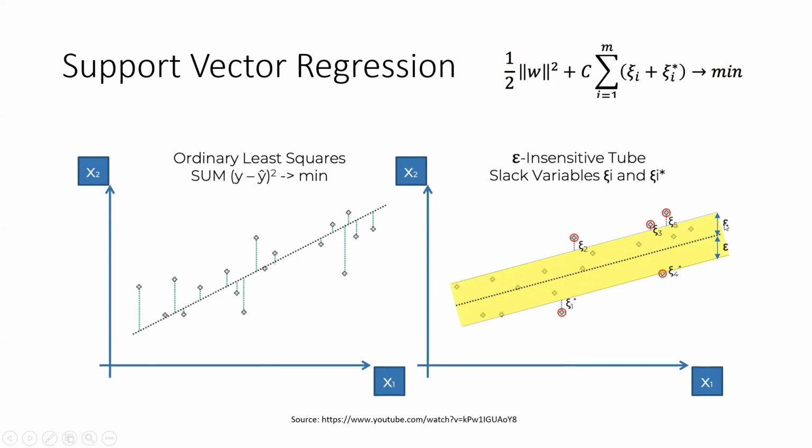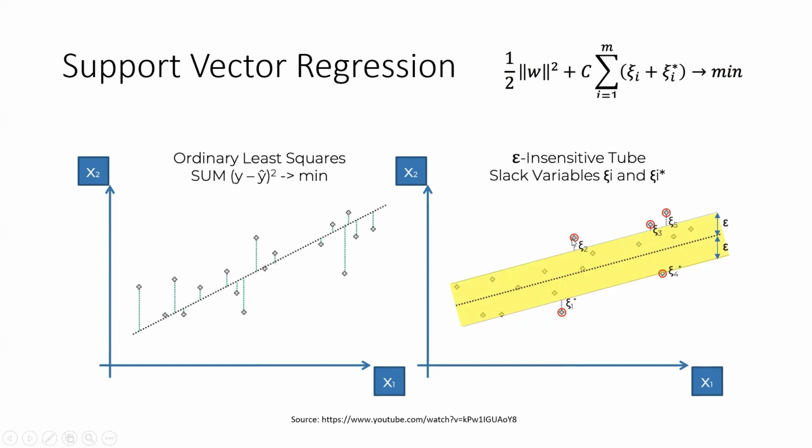This yellow colored path is a tube which has an epsilon value, also known as the error, right? This is known as the epsilon insensitive tube. Epsilon insensitive means all the data points that are inside this tube would not be considered as a loss, right?